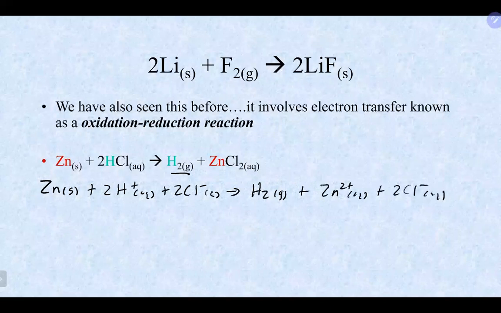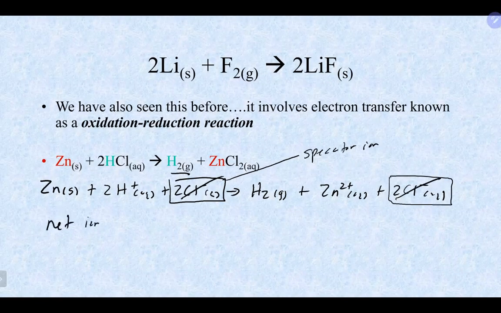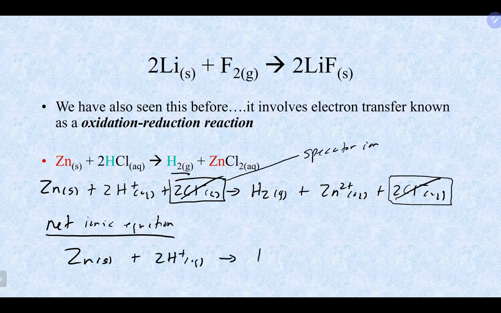Our spectator ion, again, is just the chloride on both sides. This cancels, this cancels, leaving us our net ionic equation of zinc plus this guy going to here plus this.